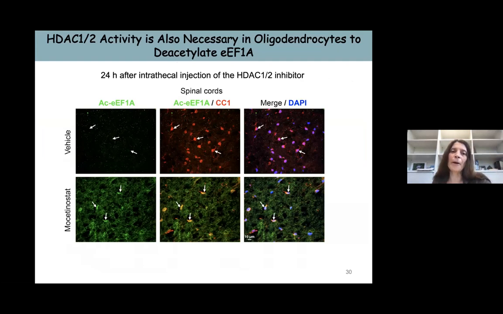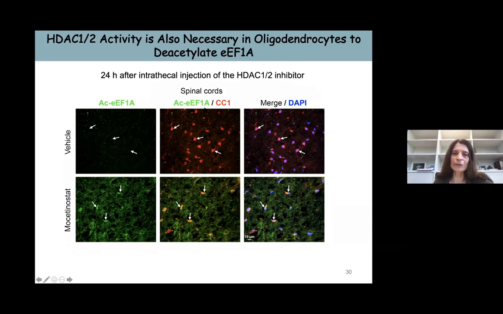So we treated mice with the HDAC1/2 inhibitor mocetinostat intrathecally and collected the spinal cord 1 day post-lesion. Here again, we saw a really strong increase of the levels of acetylated DF1A that were not detectable in the vehicle-treated animals.